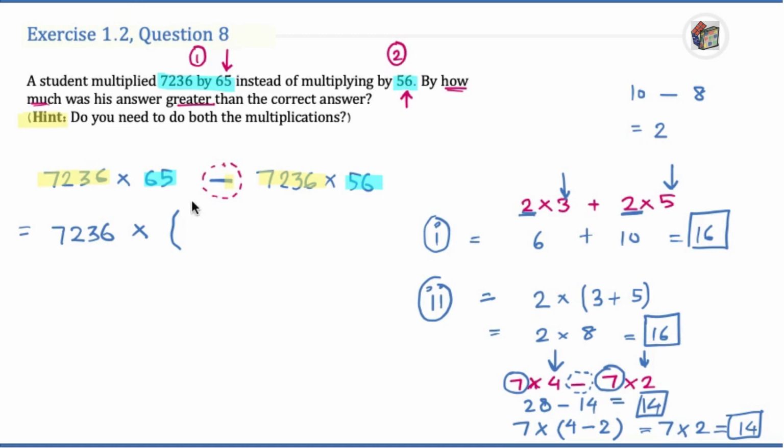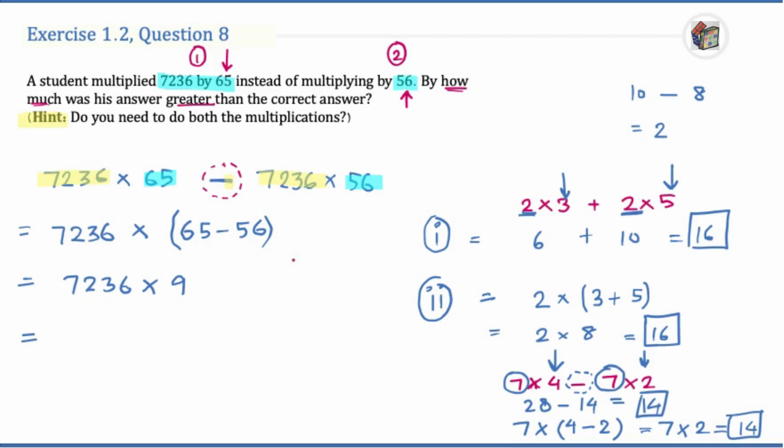So it will become 65 minus 56. This is equal to 7236 multiplied by, when you subtract this, it is 9. And you only need to do this little multiplication. It is way easier than doing both of them.